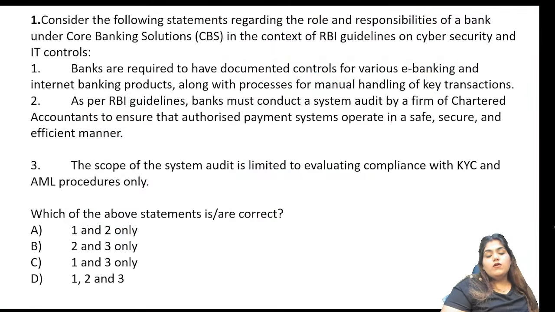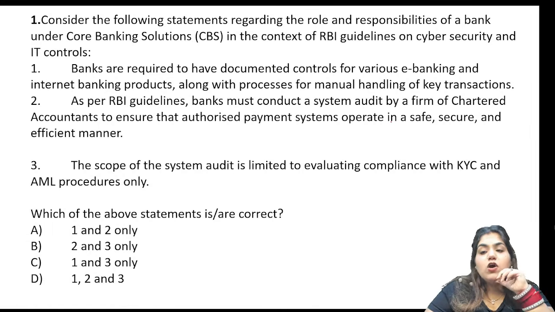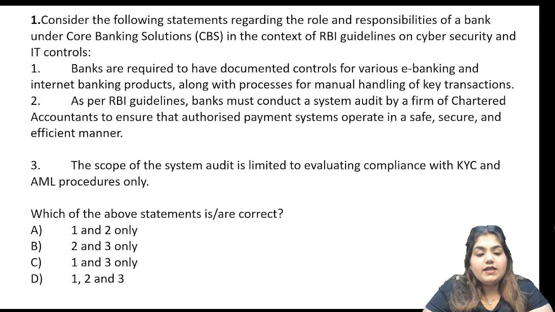Consider the following statements regarding the role and responsibilities of bank under core banking solutions in the context of RBI guidelines on the cyber security and IT control. RBI banks are required to have a documented control over various e-banking and internet banking products along with various processes for manual handling of the key transactions.